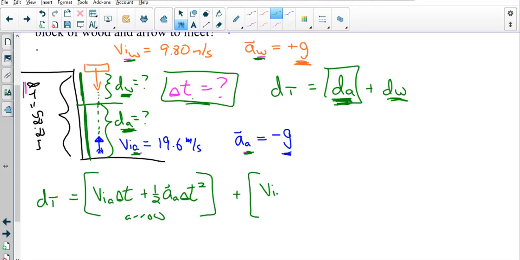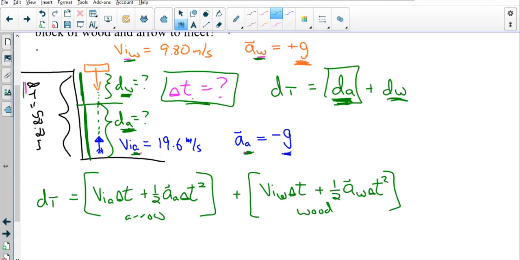So I've got the initial speed of the wood multiplied by the time, since they were released at the exact same time. Time is going to be the same in both equations. Plus 1/2 the acceleration of the wood, that is always a vector, times the time squared. So this here is for the wood.